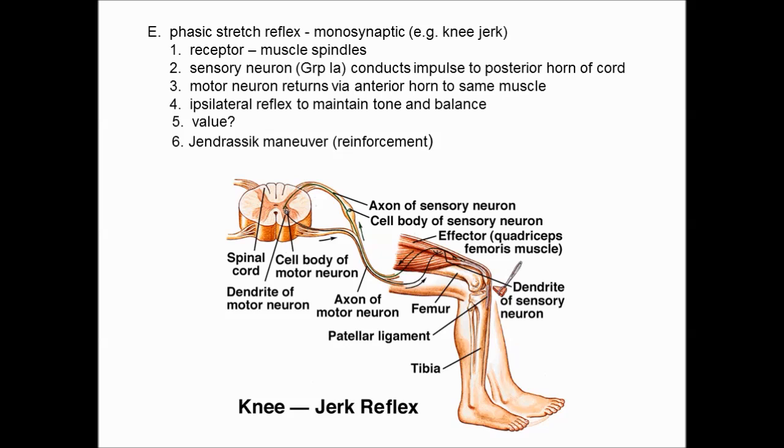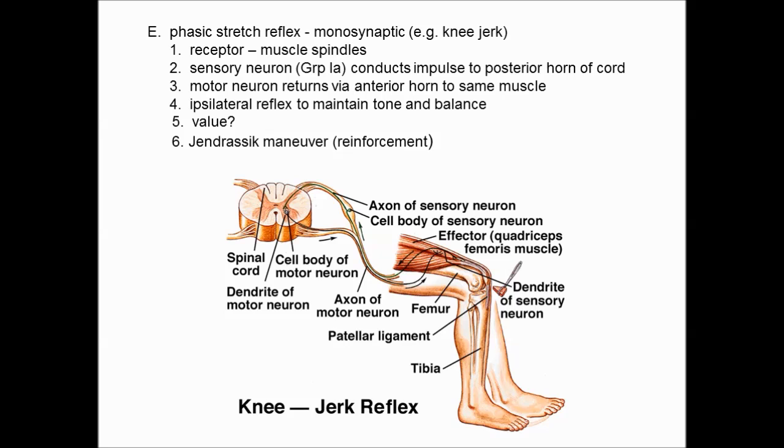So the first one we'll talk about is called the phasic reflex, and the knee-jerk reflex is an example of it. You've all had this done. The physician taps the patellar ligament, and that stretches the muscle that has within it a muscle spindle.